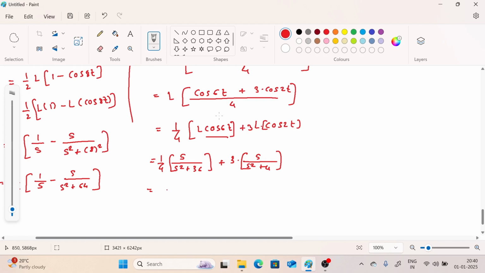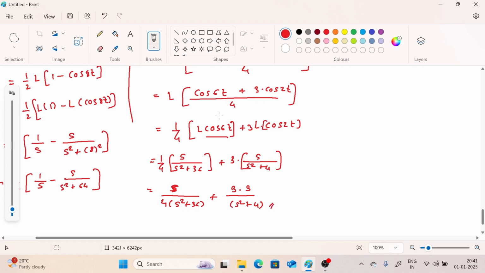If you want, you can simplify it further. We get 1 by 4 times (s upon s square plus 36 plus 3 into s upon s square plus 4).